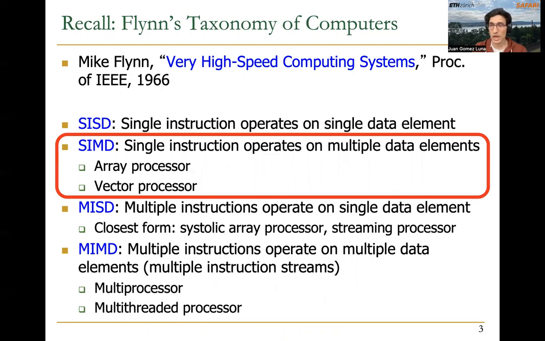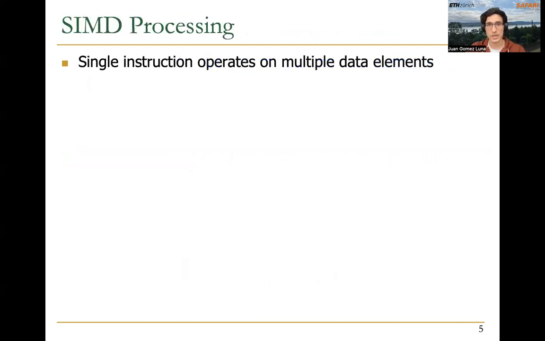And we mentioned that array processors and vector processors are the classic examples of SIMD processors. We start with SIMD processors because they are the basic paradigm of GPUs, which are, let's say, the accelerator of choice for many important applications these days. Let's talk about SIMD processors and about the architecture of GPUs.